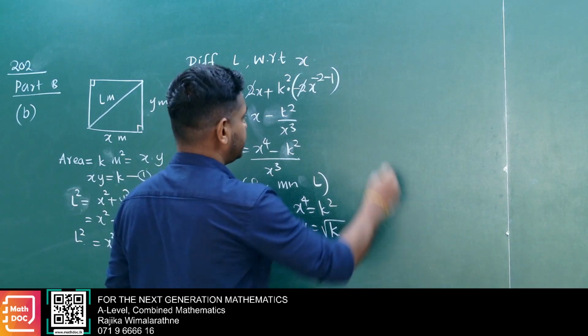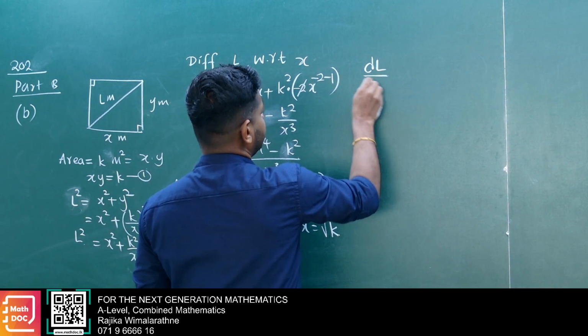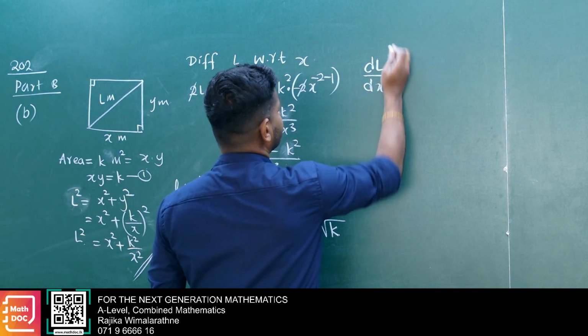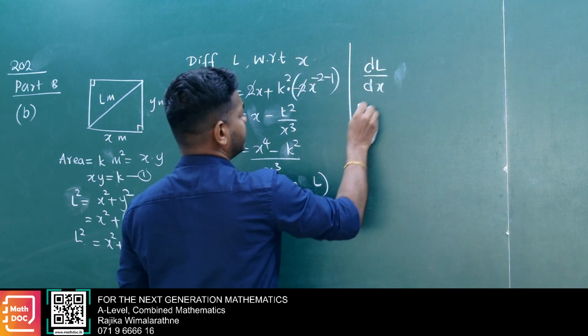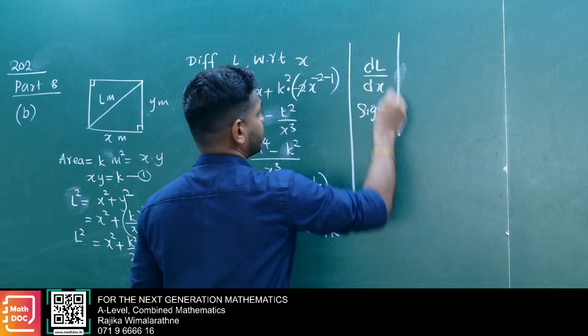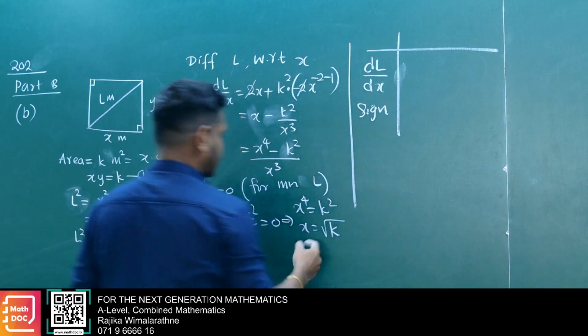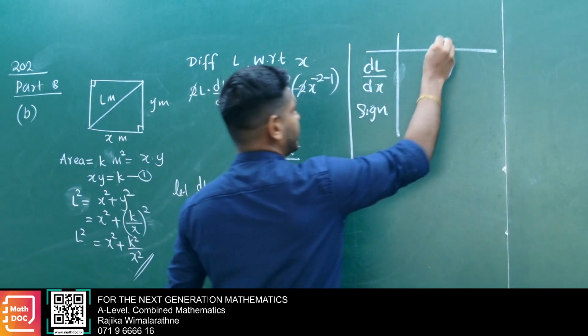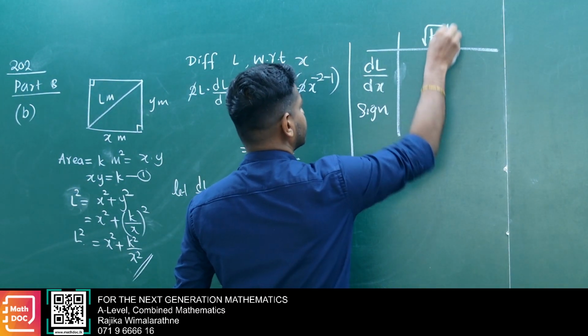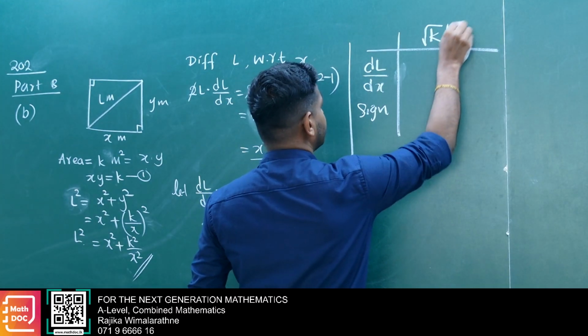Then check the sign of dL divided by dx. Here take the critical value root K. About this point you have to check.